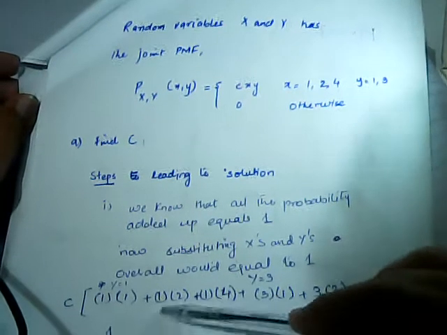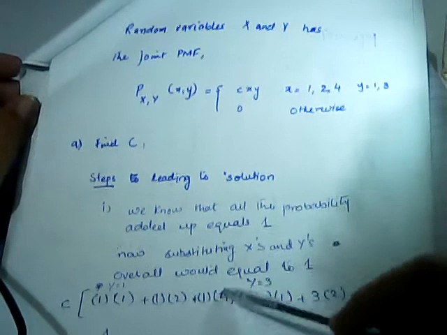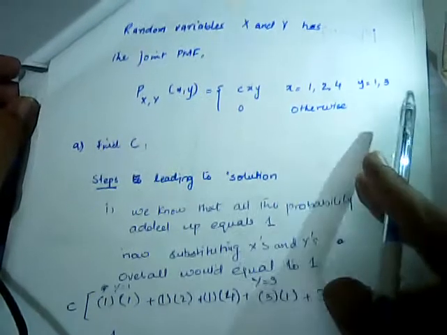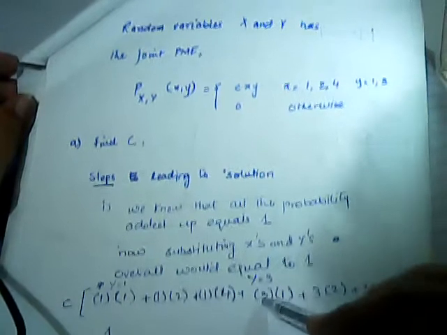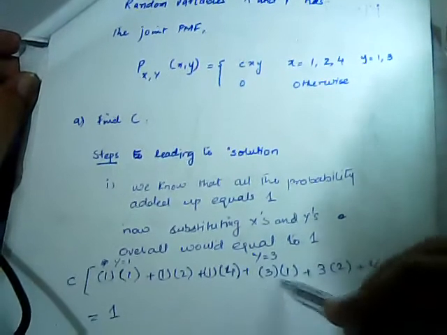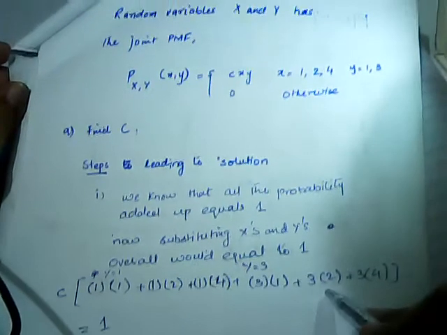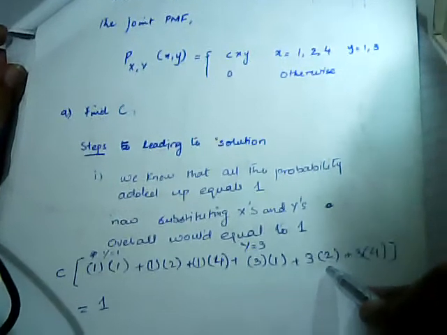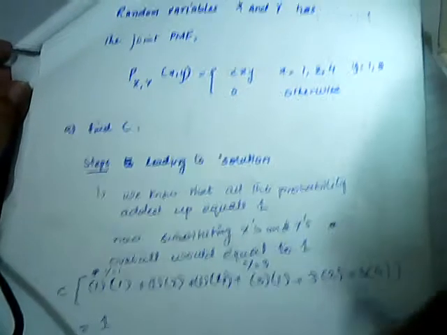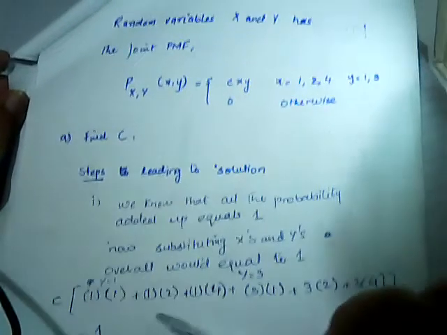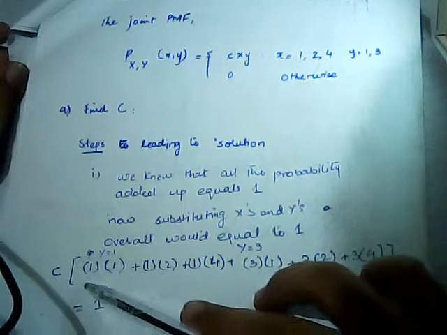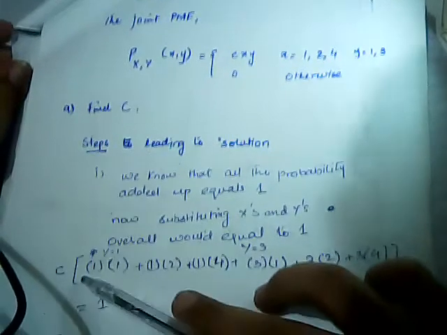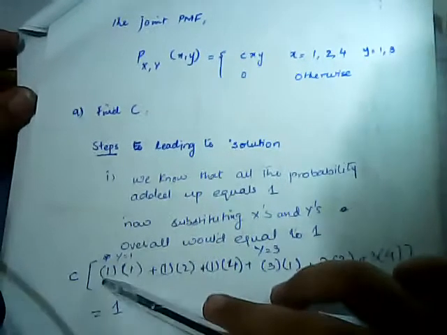Now the set is complete. Then we change y to 3, keeping y as 3, changing x to 1, 2 and 4, adding all those and keeping C common through all the values, equating it to 1.